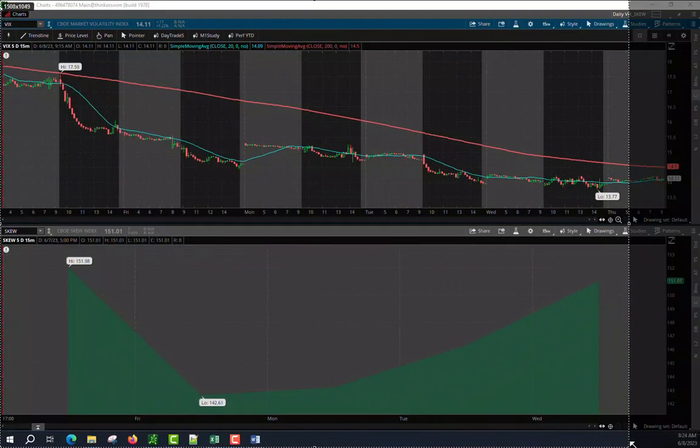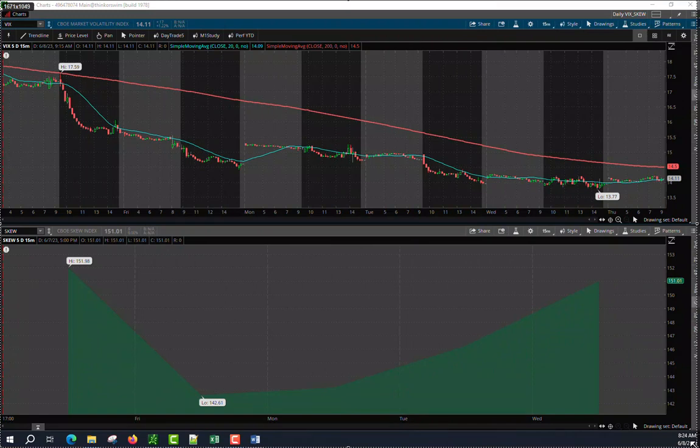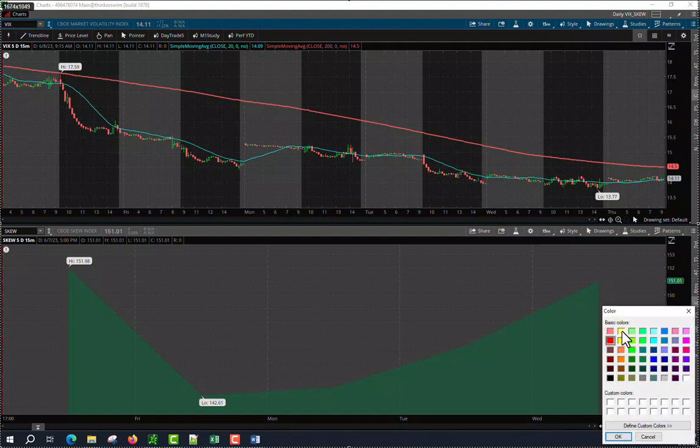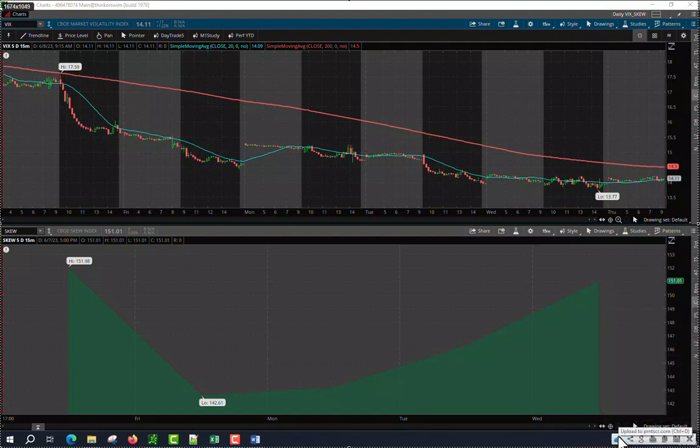Normally, by definition or by the statistics, the skew and the VIX are negatively correlated. So basically, if the VIX goes up, then the skew goes down, and if the skew goes up, then the VIX will go down.